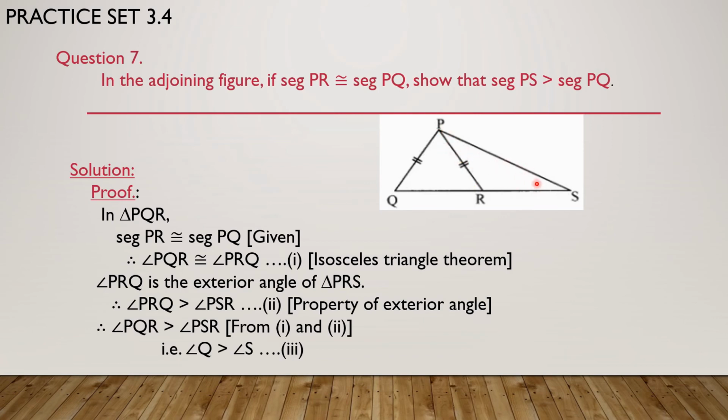Therefore, angle PRQ greater than angle PSR. By the property of exterior angle, that is the equation number 2. From equation 1 and 2, angle PQR greater than angle PSR. That means angle PQR, means angle Q, greater than angle S. That is the equation number 3.